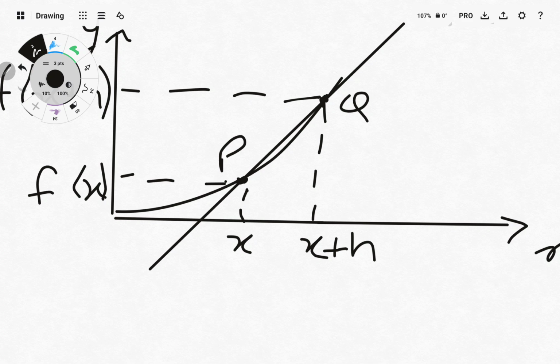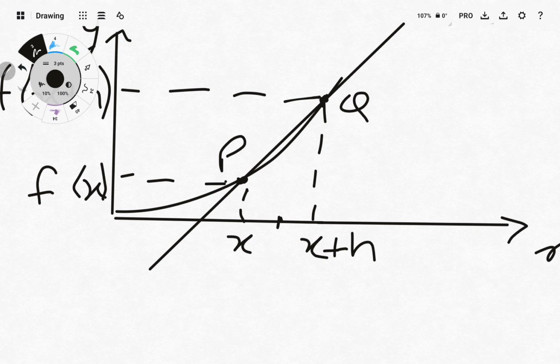Let's say h is 1, for example, and right now it's 1. I'm going to decrease it to 0.5, let's say. This new point is going to be somewhere around here, right? So the line through P and Q, because you can think of h as a second variable that I'm just varying myself.